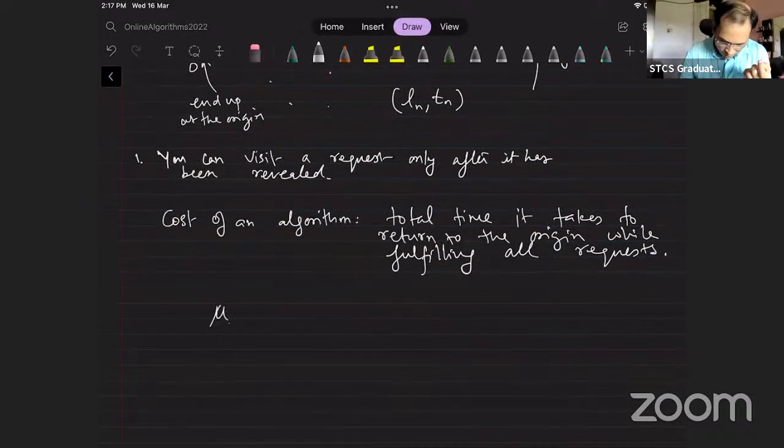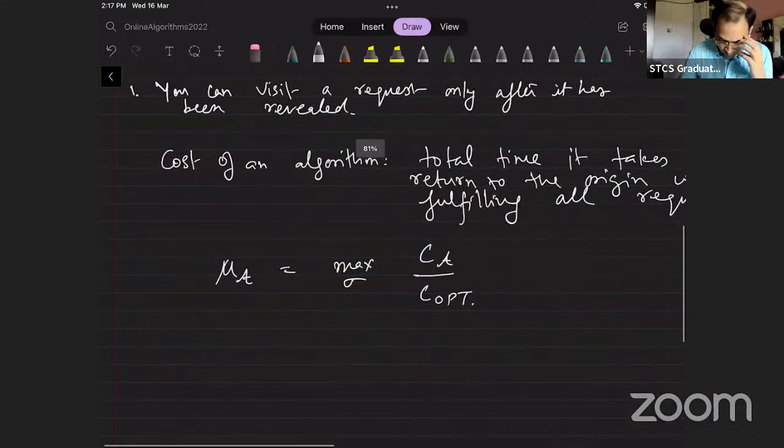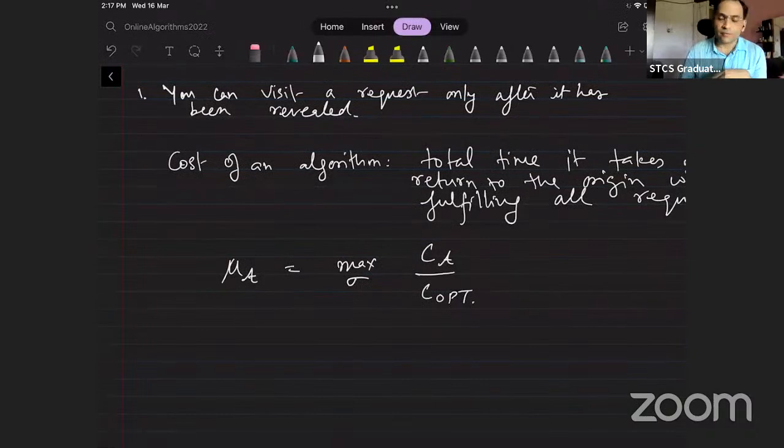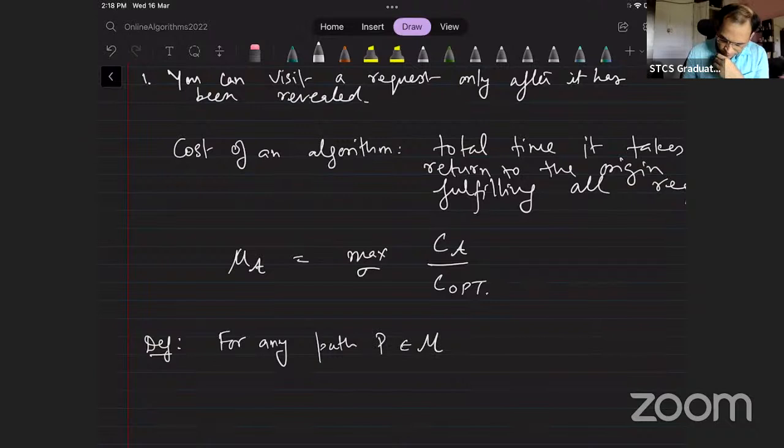So mu A as usual is nothing but the max over inputs of C_A over C_O. I'm not going to belabor what a metric space means. The definition: for any path P belonging to M, let |P| be its length.